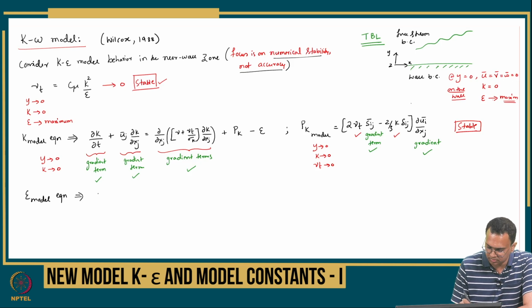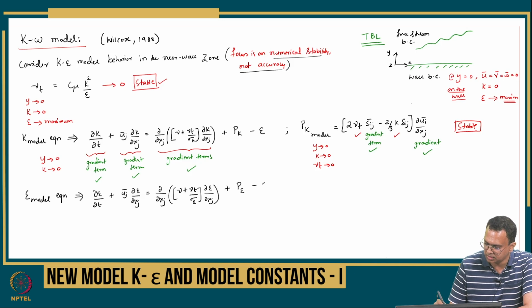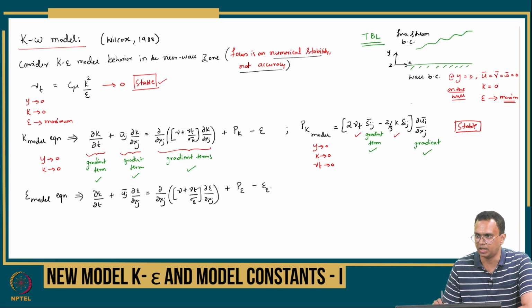So I have ∂ε/∂t plus ūj ∂ε/∂xj equal to ∂/∂xj of the diffusion rate, which is ν plus νt by σε, ∂ε/∂xj, plus Pε minus, let's say symbolically I am writing it as εε, but that is not the one.